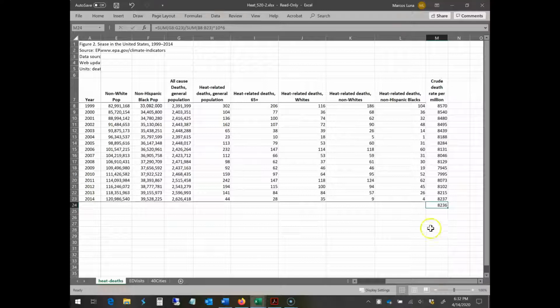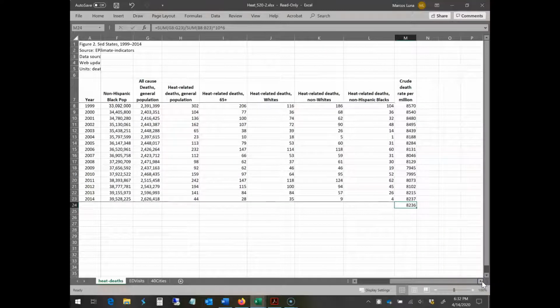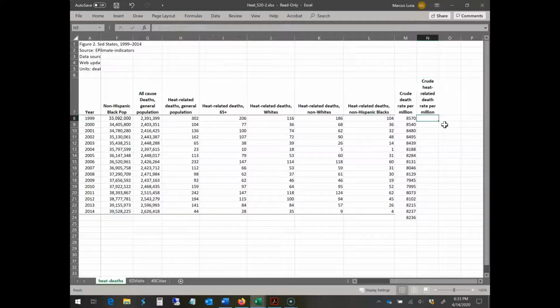So what we're going to do here is I want to calculate the cause specific death rates from heat. So we can do the same thing like we did with the crude death rate, the total death rate. We can say we want to know the crude heat-related death rate per million. Right?